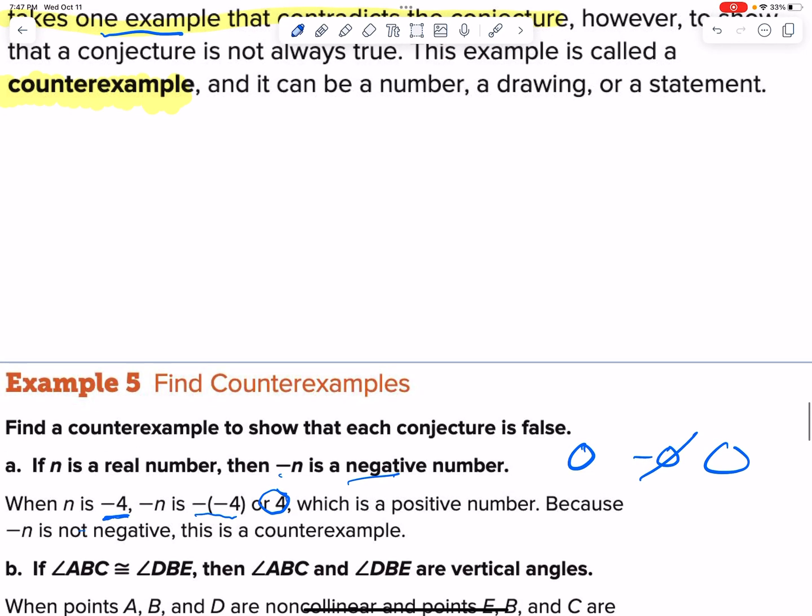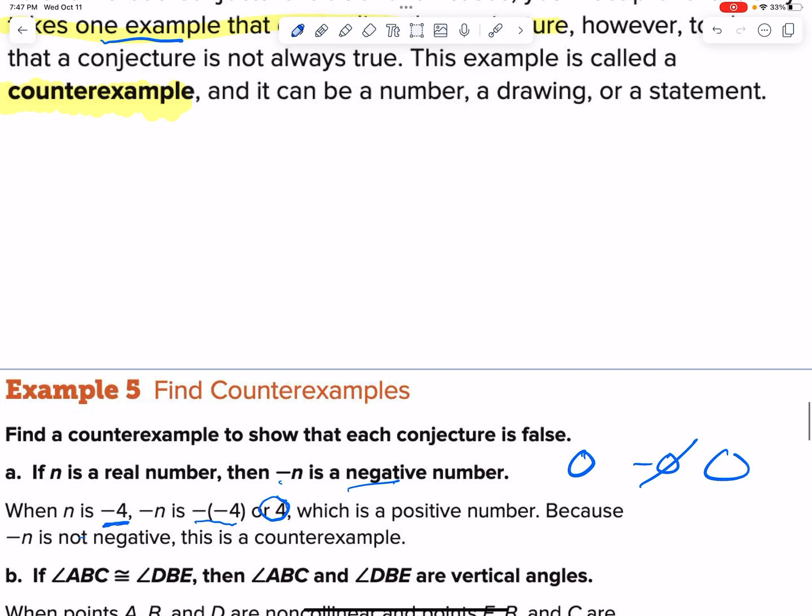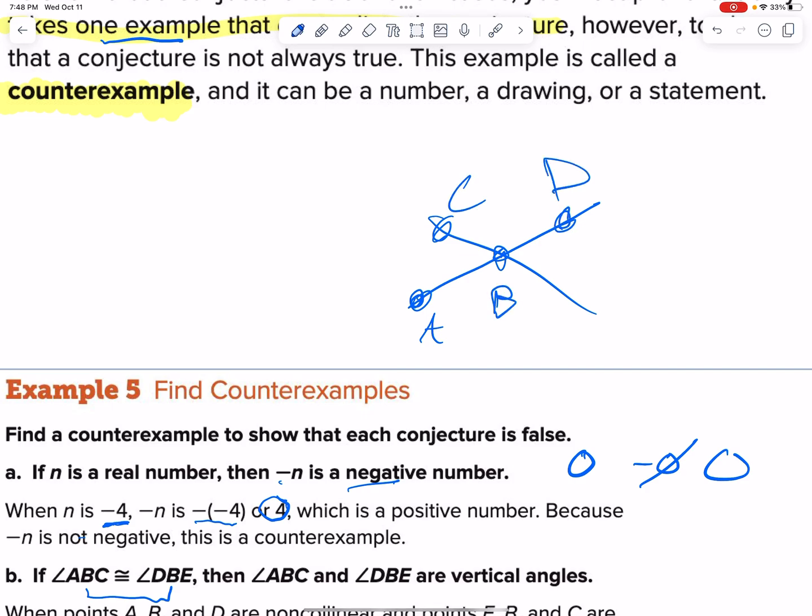Another good counterexample is this one right here at the bottom. It says if angle ABC and angle DBE are congruent, then angle ABC and angle DBE have to be vertical. Now again, with them sharing this vertex in the middle, we've seen lots of cases where this is true, where angle ABC is congruent to angle DBE.